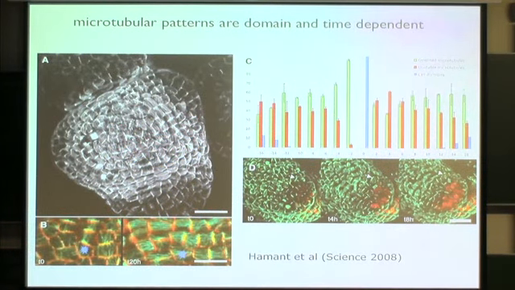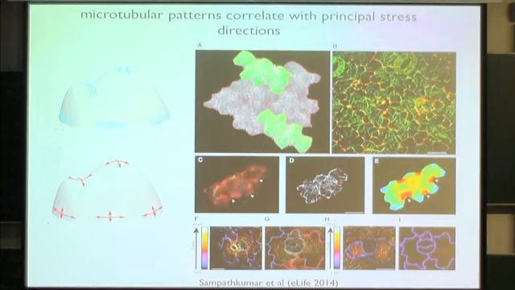Yeah, this is a very nice paper if you are interested in the relation between stress and microtubule directions. And another very nice feature of microtubules is that there is a very, very strong correlation between the stress directions that can be predicted from the calculations.